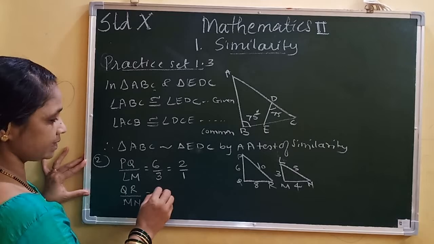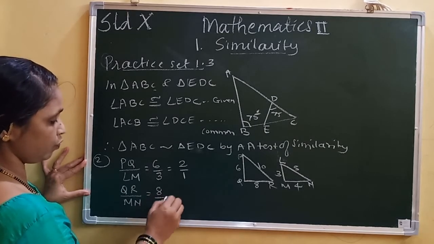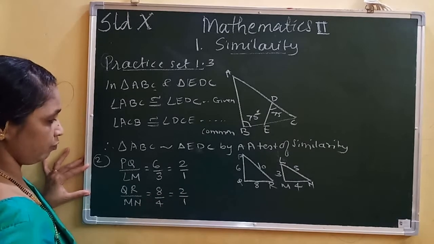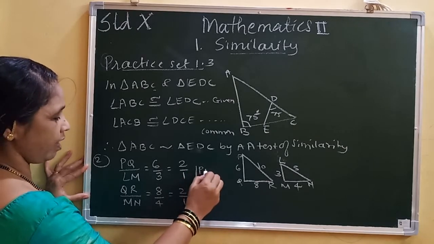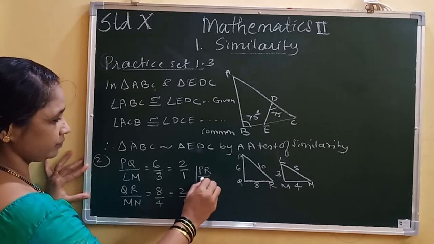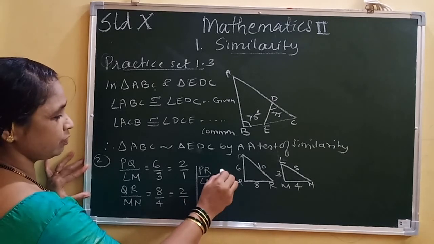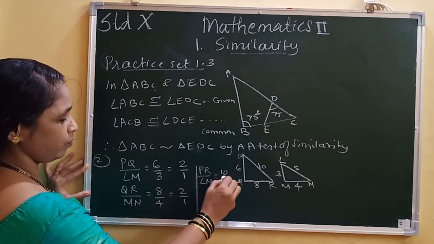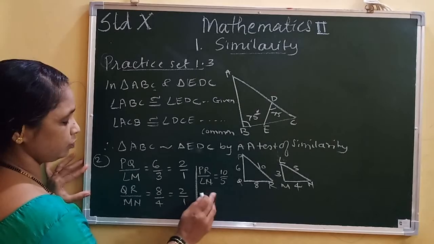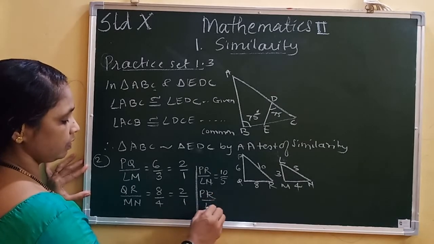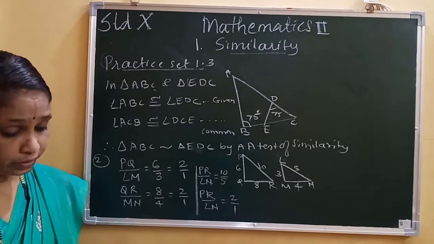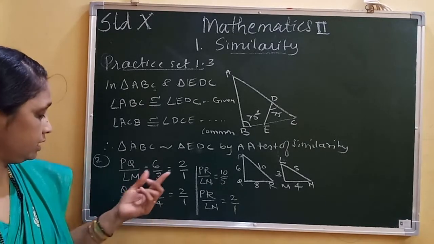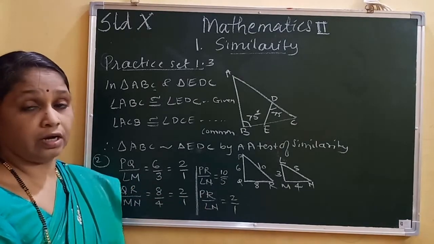QR is 8 and MN is 4, which means it is 2 by 1. And the third side is PR upon LN, which is equal to 10 upon 5, which is equal to 2 by 1. Okay. Now therefore see, all ratios are the same.